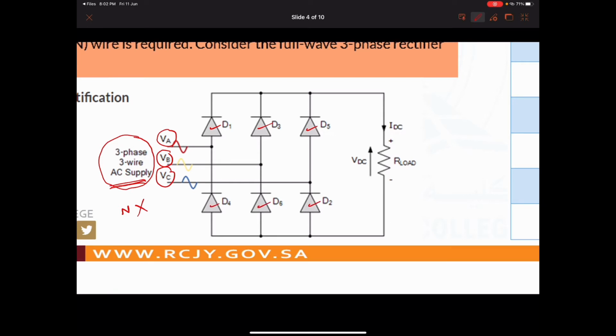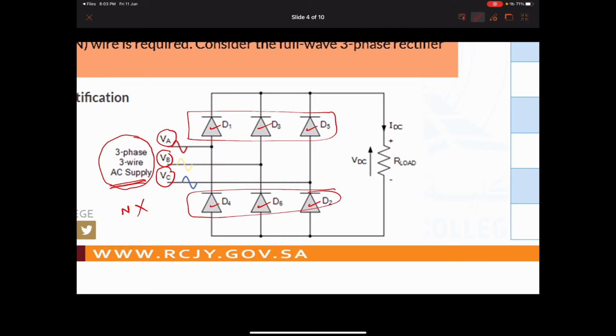Now, someone can ask me why the numbers are organized like this: D1, D3, D5, and here D4, D6, D2. In our circuit, the names of the diodes are organized based on the sequence of the waveform.